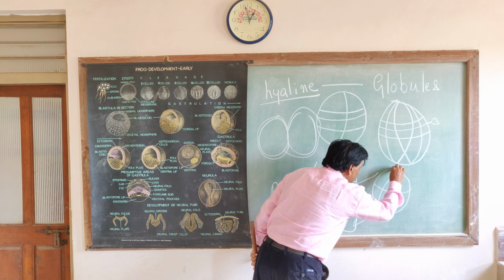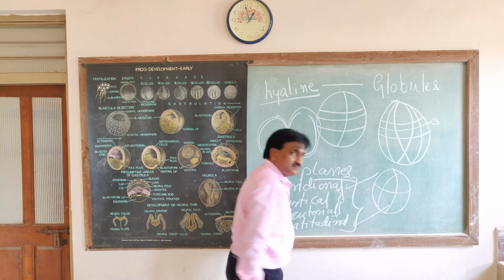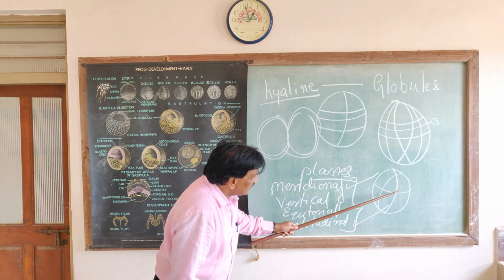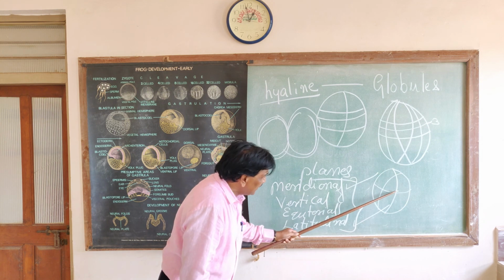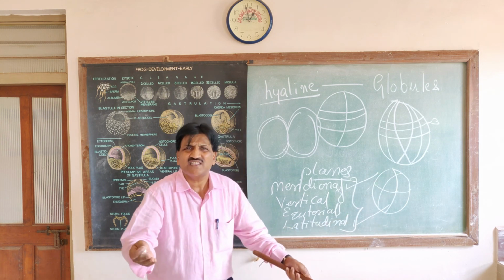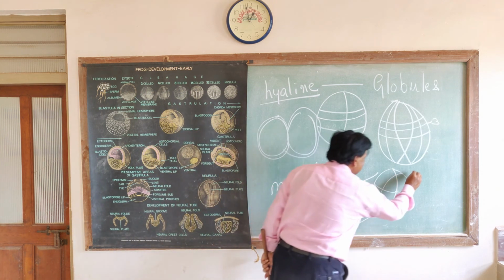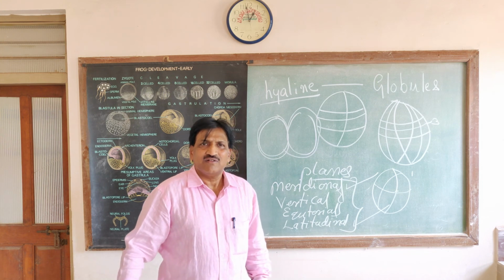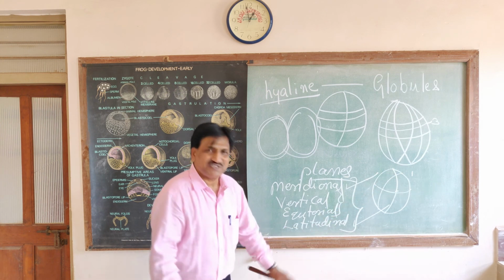For example, the covering of this point from the animal pole takes less time, for example 1 minute, roughly. Within 1 minute it covers the particular distance.